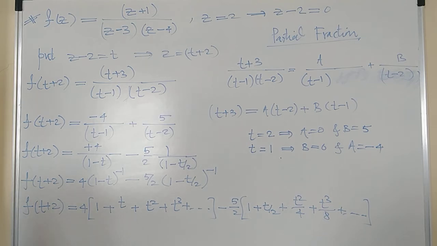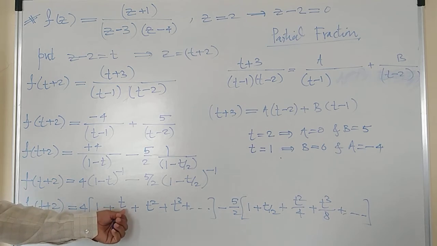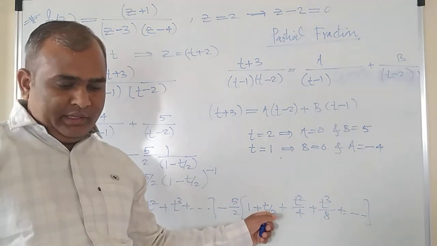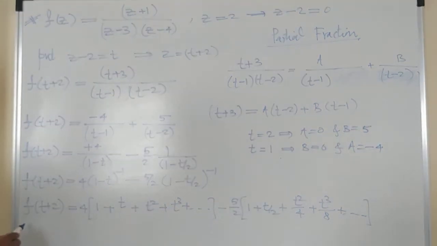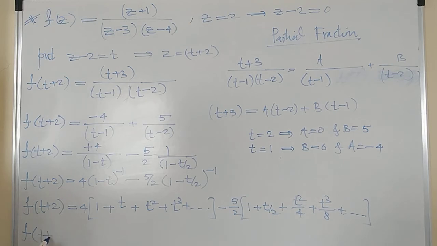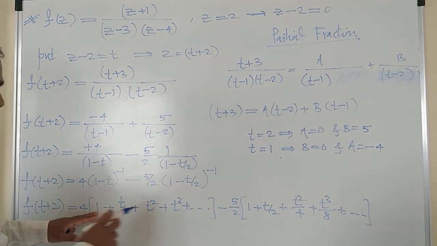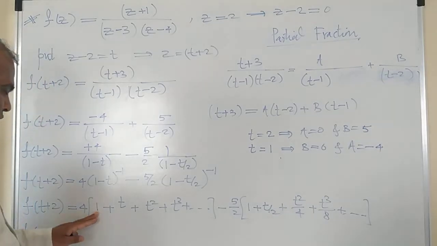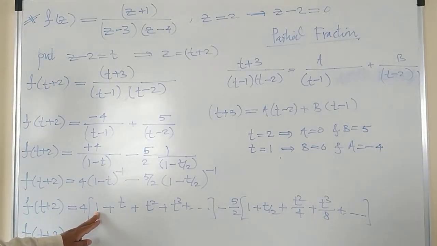How can you simplify this? Just take out t common, because here you are having a t, here you are having a t, right? And therefore in the next step, f of t plus 2 is equals to, now see, this constant term is 4 here, and here the constant term is minus 5 by 2. So 4 minus 5 by 2 is equals to how much? 8 minus 5 by 2, so 3 by 2, right?